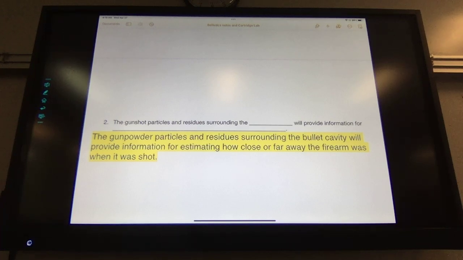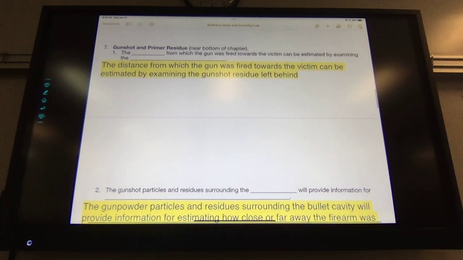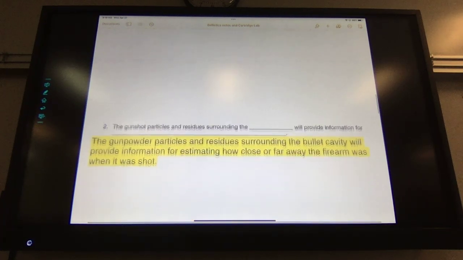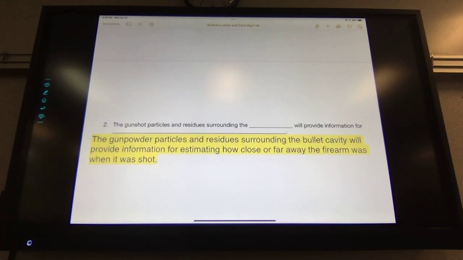So I guess I already explained this second question here underneath gunshot residue. The gunpowder particles surround the hole for the bullet. So when we go to the textbook, you will see what I mean by the distance and the halos and the amount of powder and stuff left right around that hole.